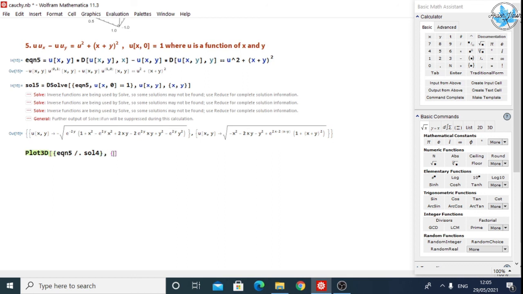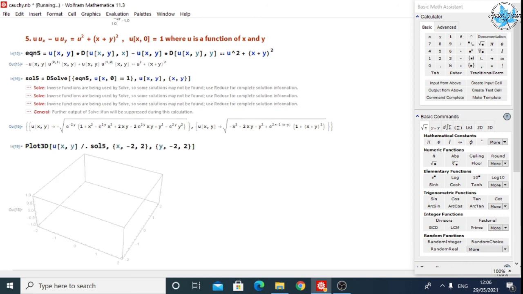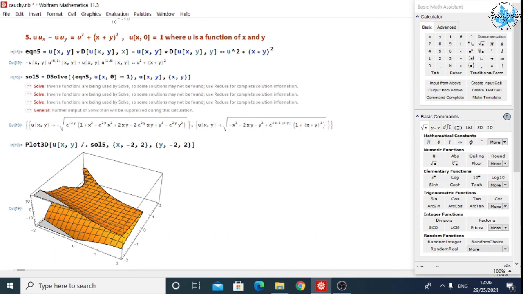After that I will define the domain. So let's take the domain x varies from -2 to 2, and y vary from also -2 to 2. So yes, it is running. Then see, this is my graph of equation 5.